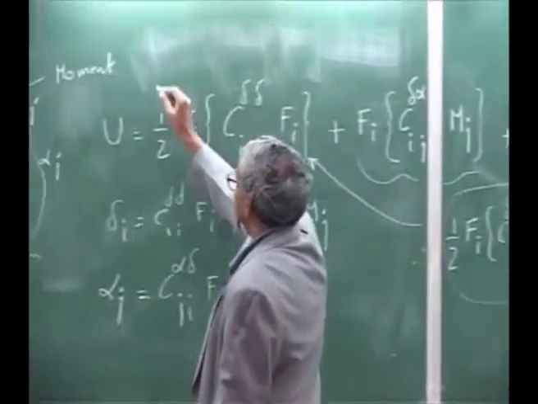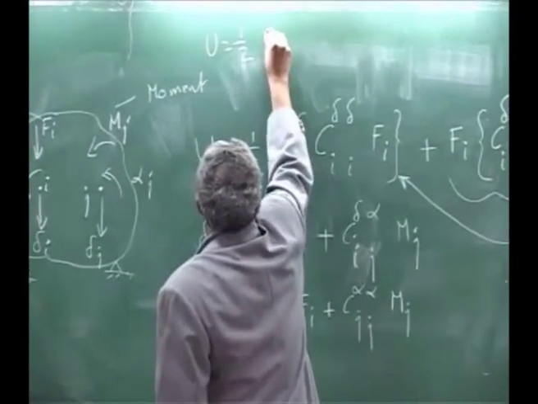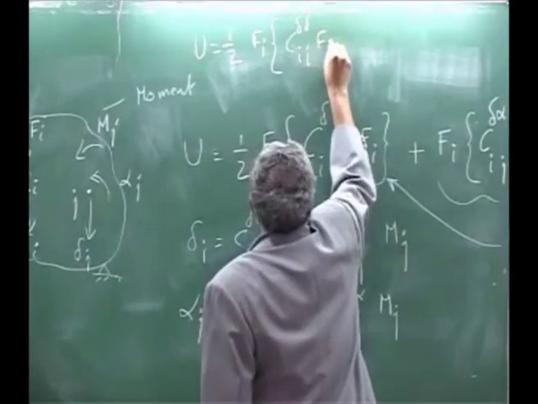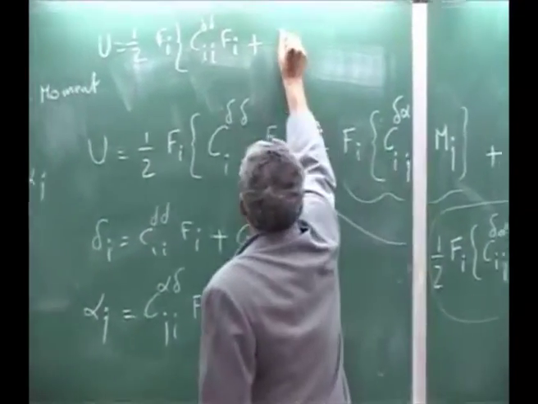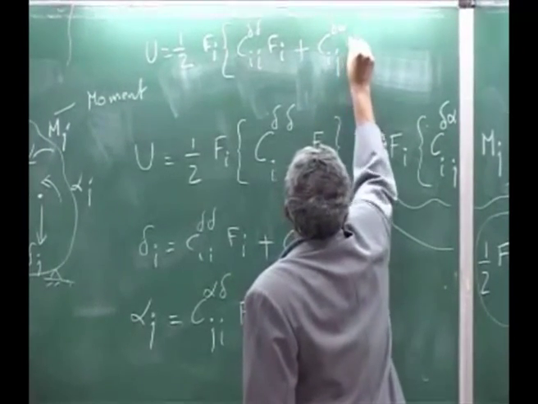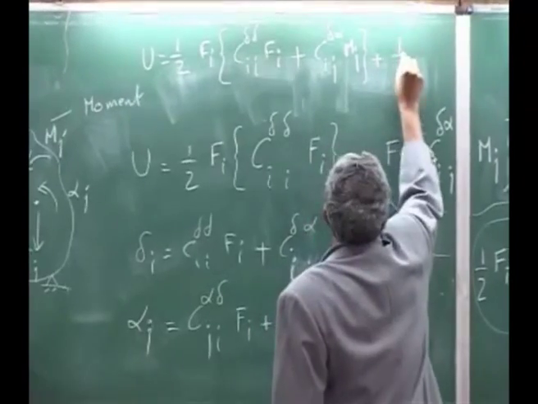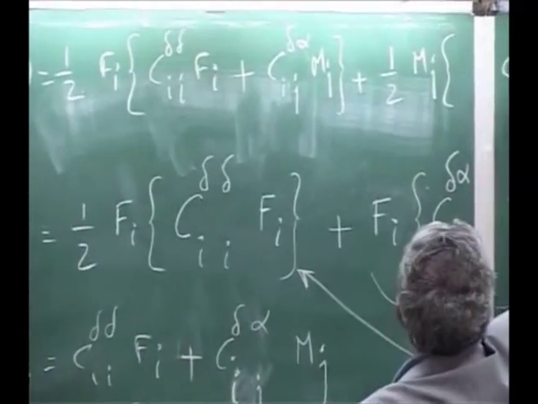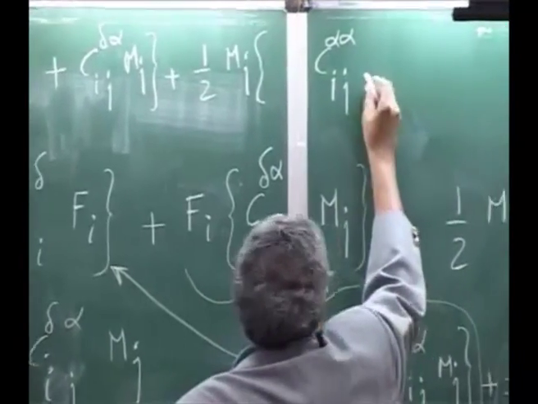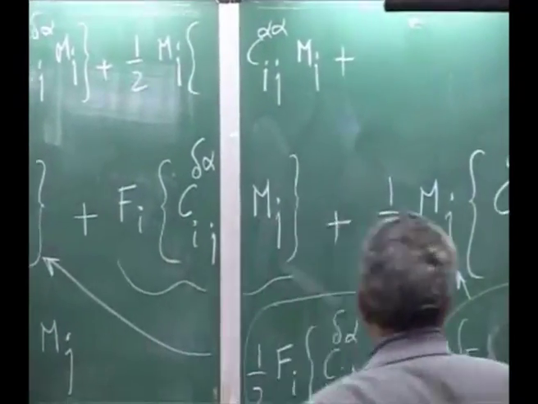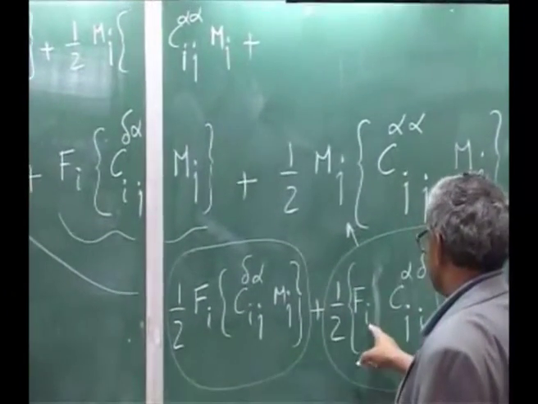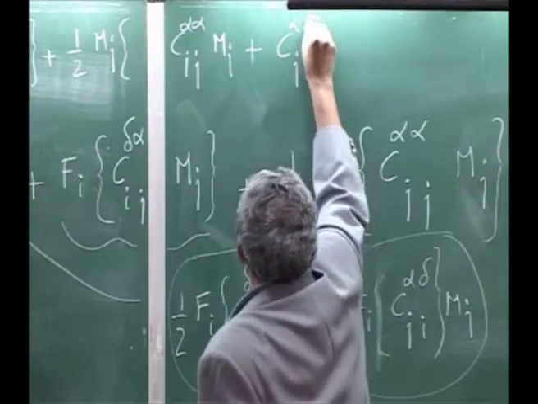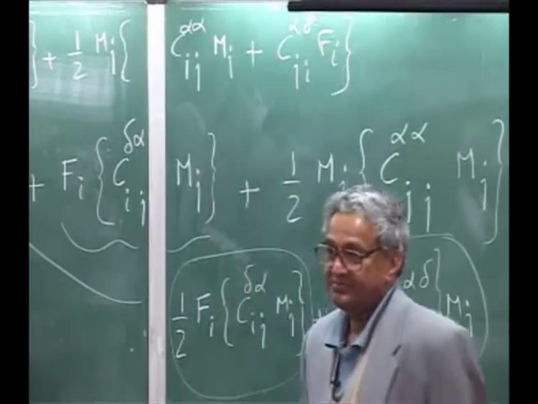Then my expression will be U equals half Fi. This term will remain as it is, Cii delta delta Fi plus I will have Cij delta alpha Mj, plus half, I am taking this term Mj, Cjj alpha alpha Mj, plus I am writing this term, because this is Mj, I am taking it out, so Cji alpha delta Fi.